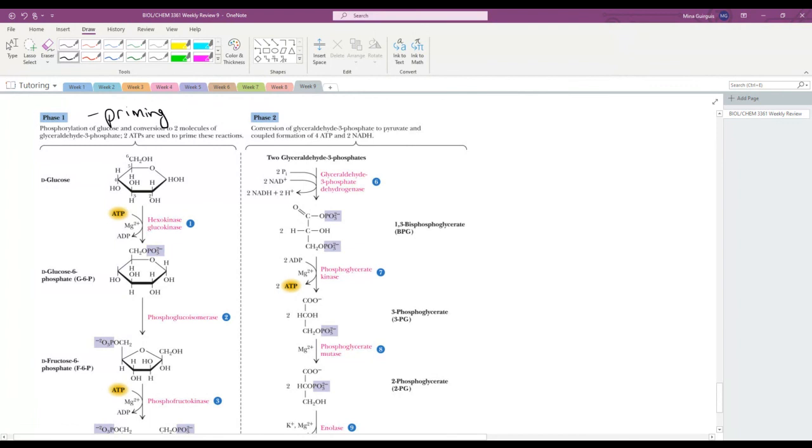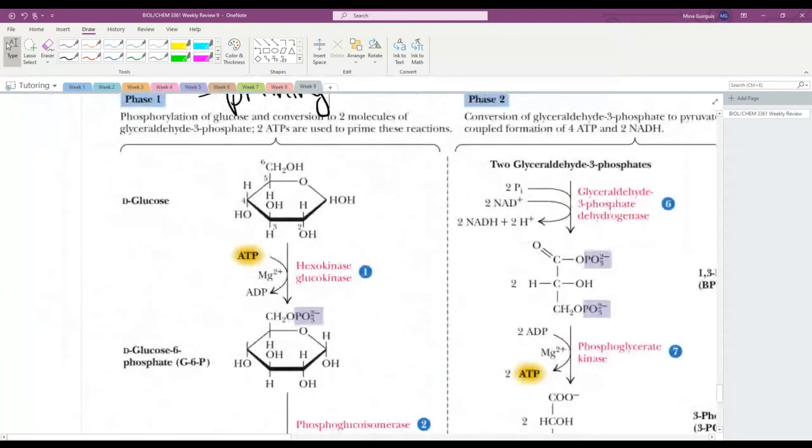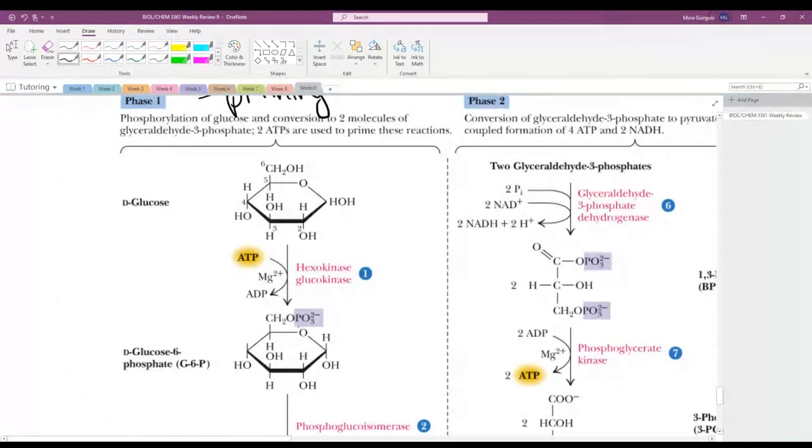So phase one is priming. It's getting us ready. It's giving us all the energy we need to get there, so that in phase two we can rush through it. Okay, so the first step is very simple. We use an ATP to add a phosphate to our glucose.